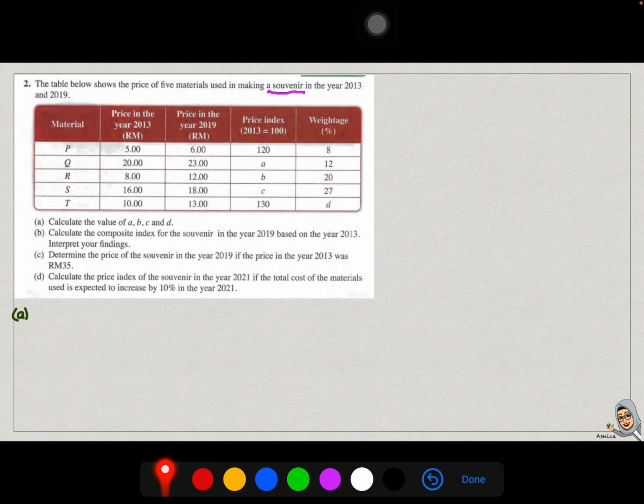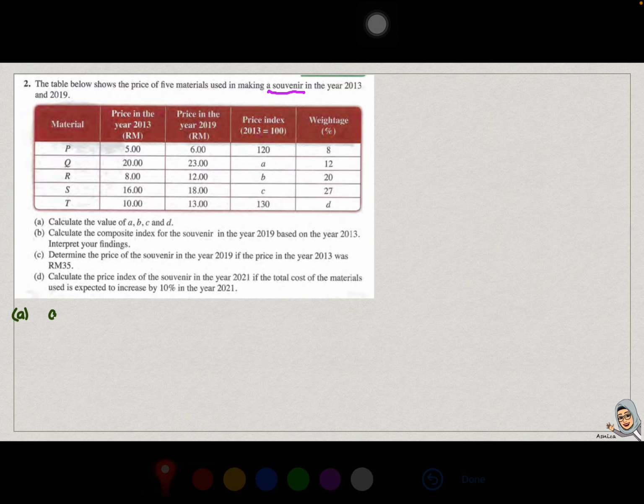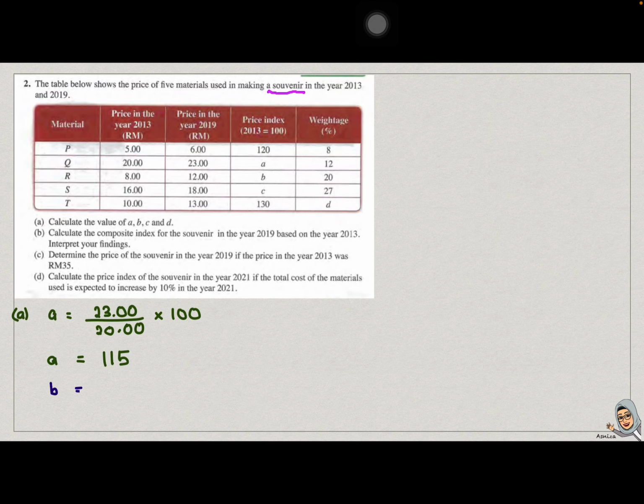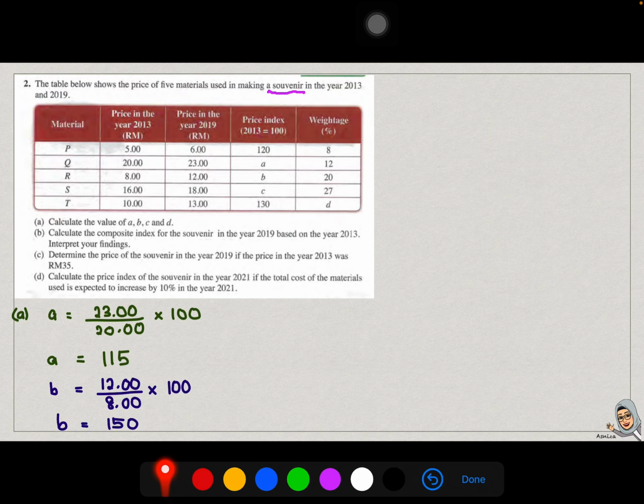Now let's calculate. A is the price index for material Q. So it will be 23 ratio to 20 times 100. So A is 115. For B, using the ratio between the year 2019 and 2013, we have B as 150.